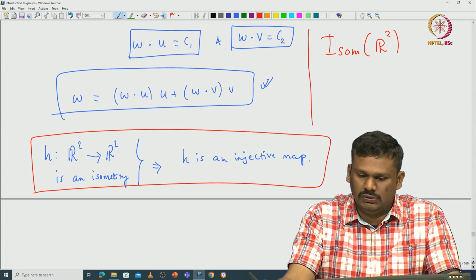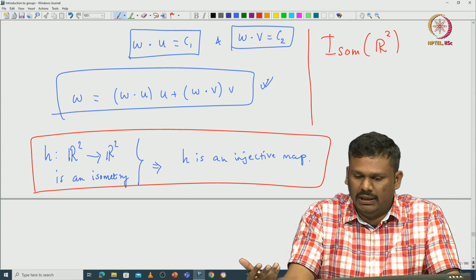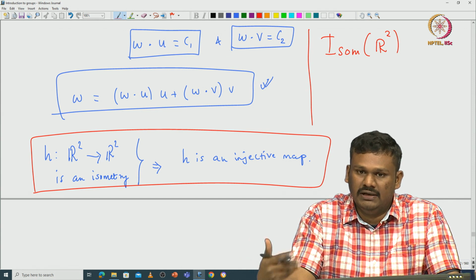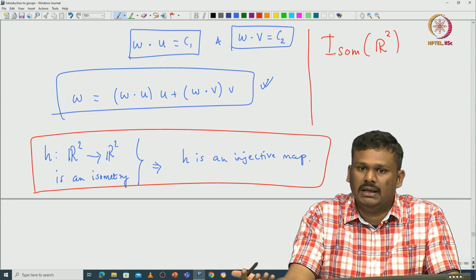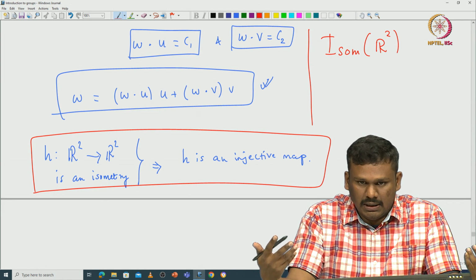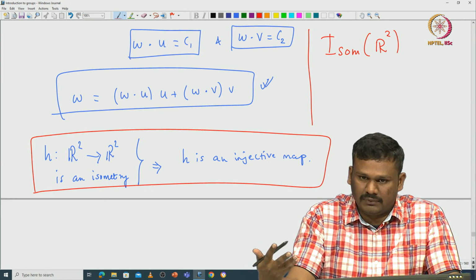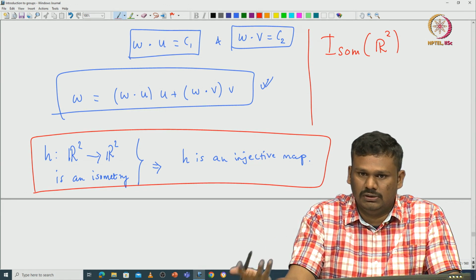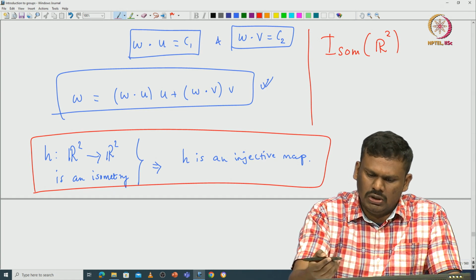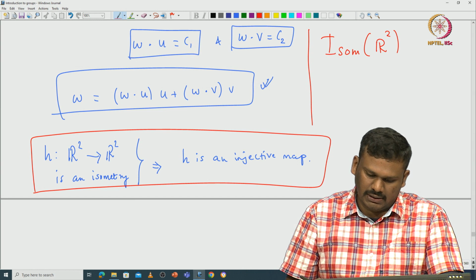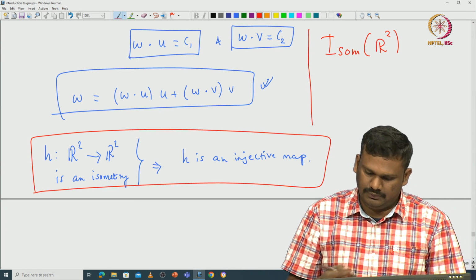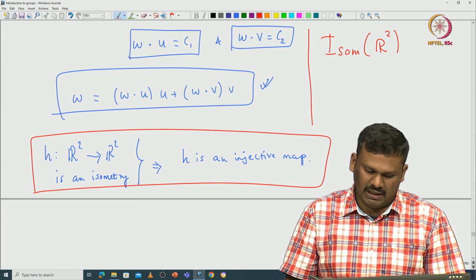To prove that, we first need to find the inverse of an isometry, and to talk about the inverse, we need to first prove that a given isometry must be bijective, because it is invertible. Let us see why that comes for free from our analysis.